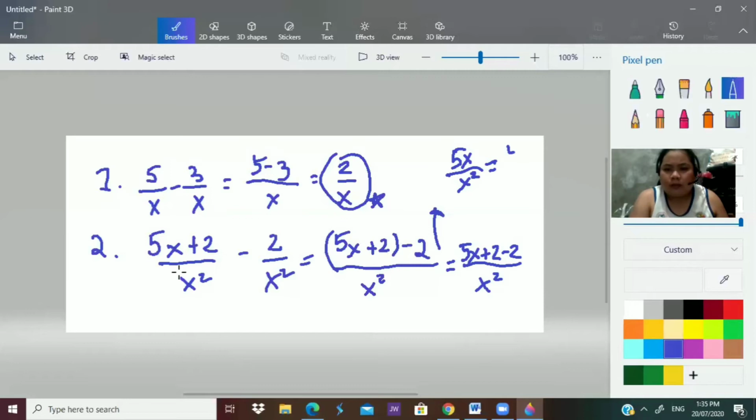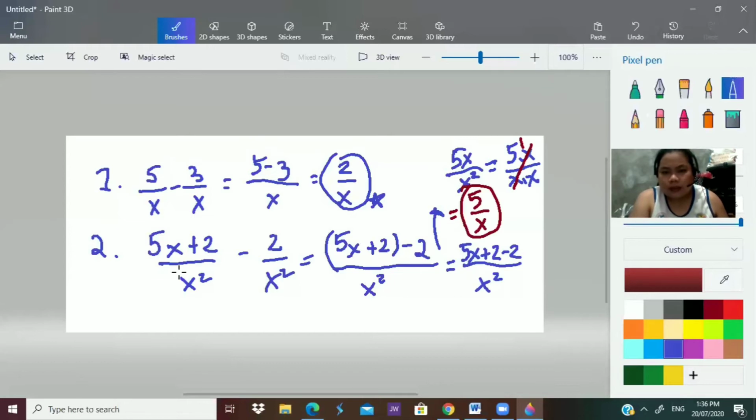So we can have 5 times x all over x multiplied by x. So meron tayong common factor. So x divided by x, you have 1. Remember that our expressions in numerator and denominator are both monomials. Parehas silang monomials, kaya pwede natin gawin to. So you have 5 over x. That's the answer, 5 over x.